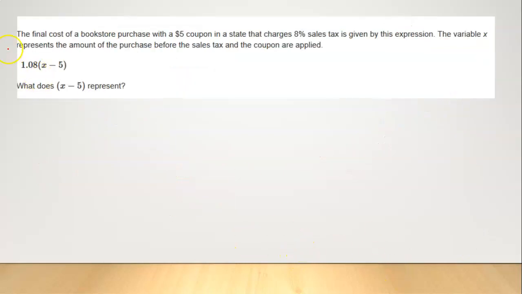Let's look at number 2. The final cost of a bookstore purchase with a $5 coupon in a state that charges an 8% sales tax is given by this expression. The variable x represents the amount of the purchase before the sales tax and coupon are applied.